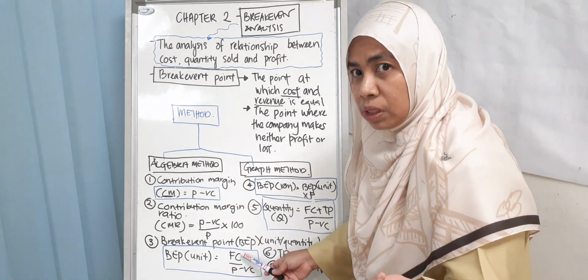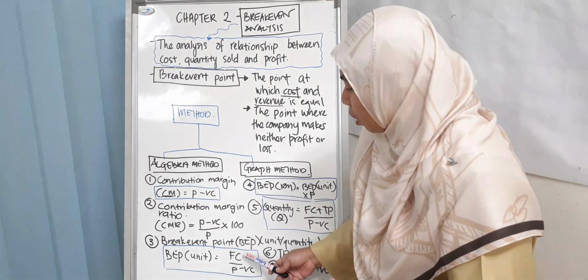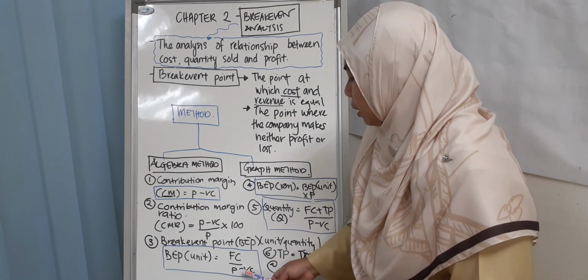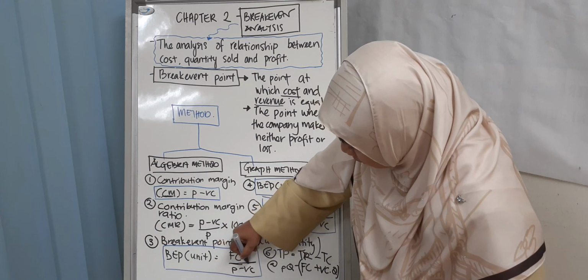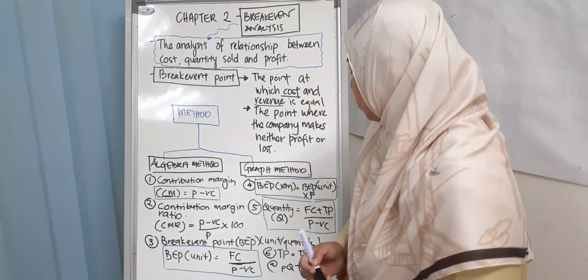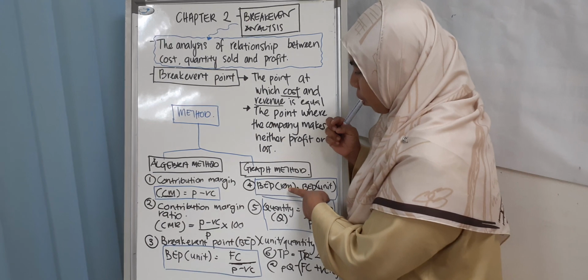Remember in the previous lesson we already talked about fixed cost. This one should be underlined until here. So we go to number 4.